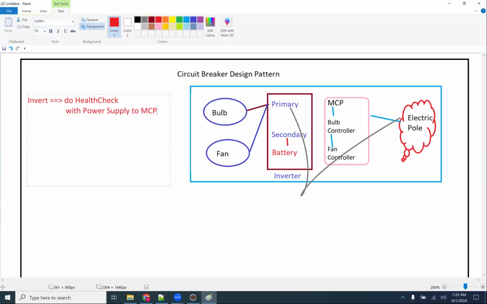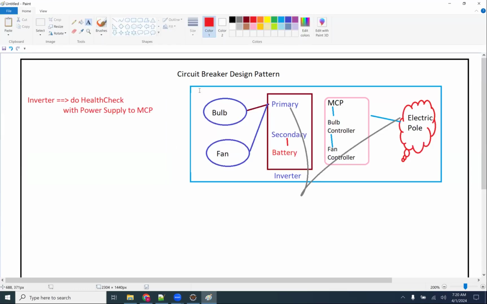I don't know the algorithm, but the inverter should do a continuous health check with the power supply at MCP level.